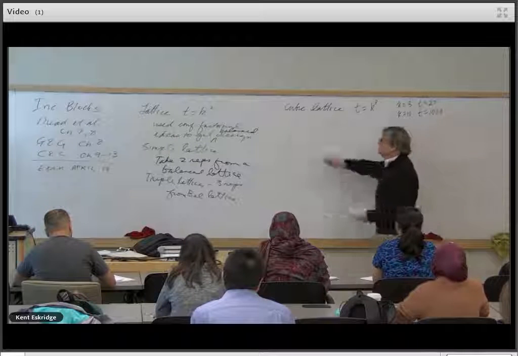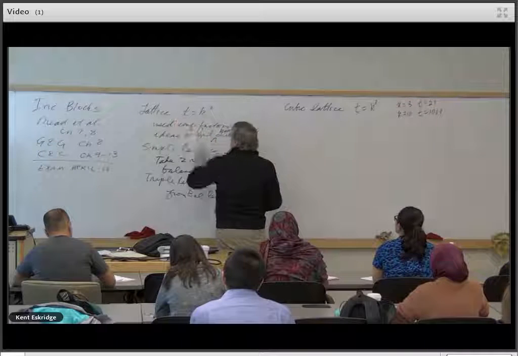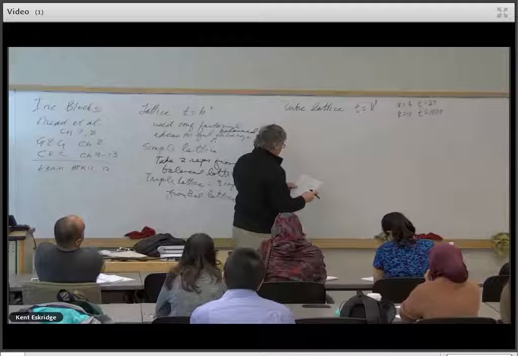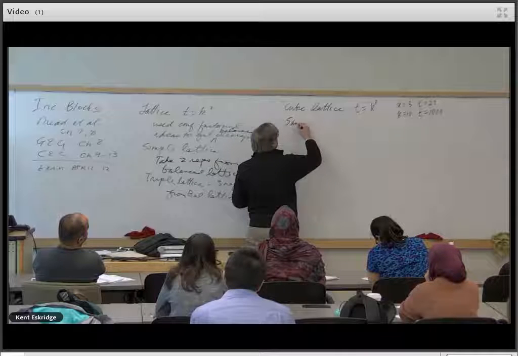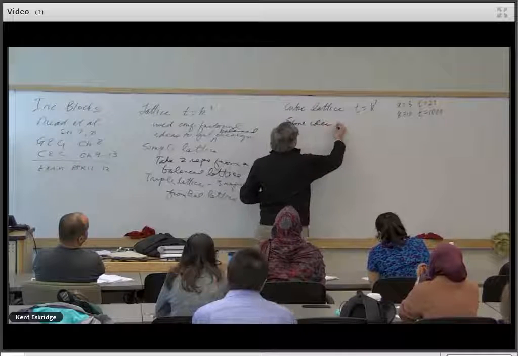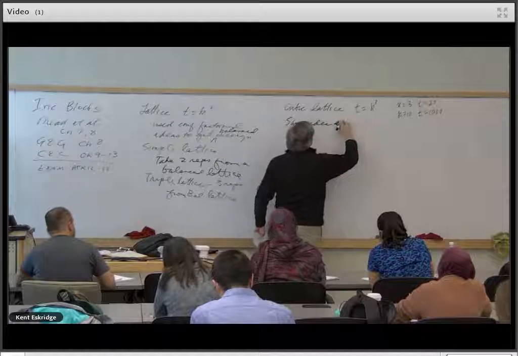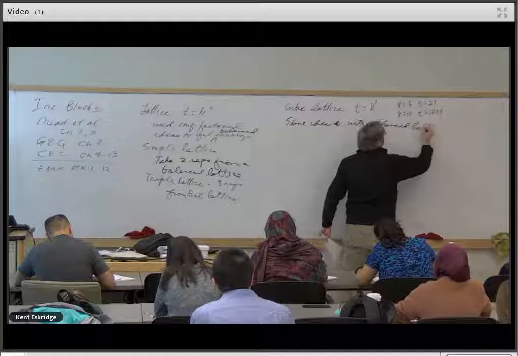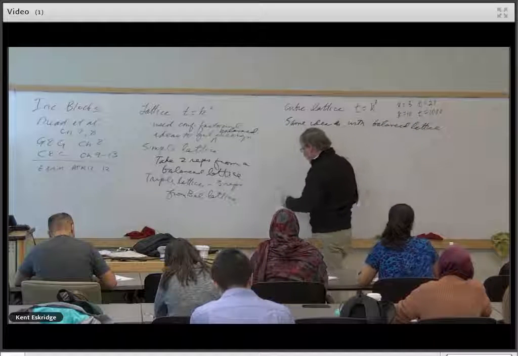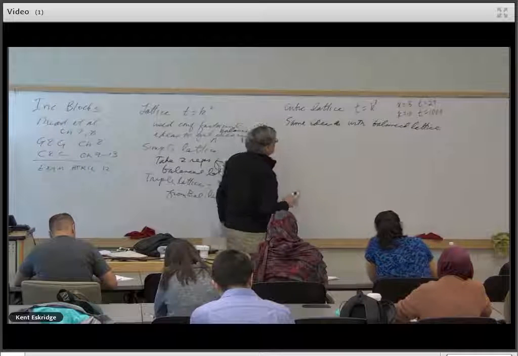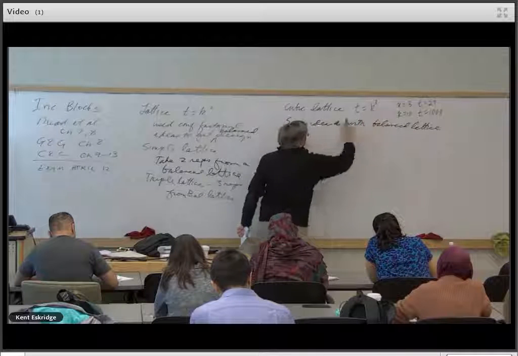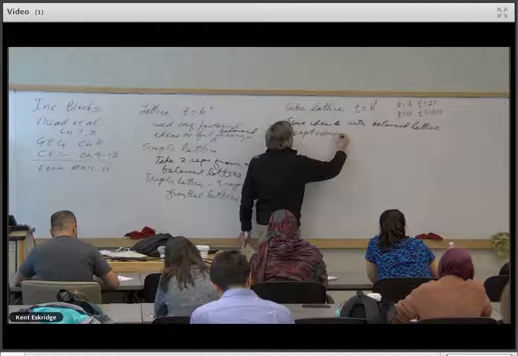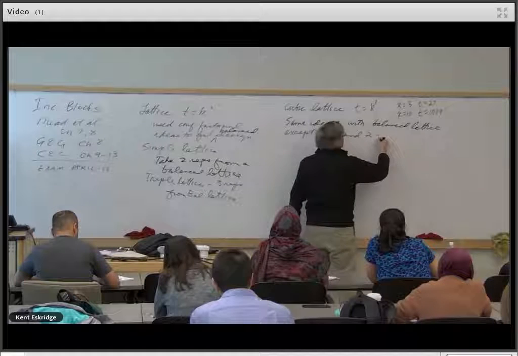And really, the idea of how we construct it is just an extension of what we're doing with the balanced lattices, except we're going to have to confound two pseudo factors.